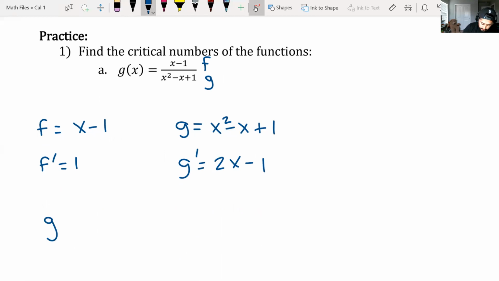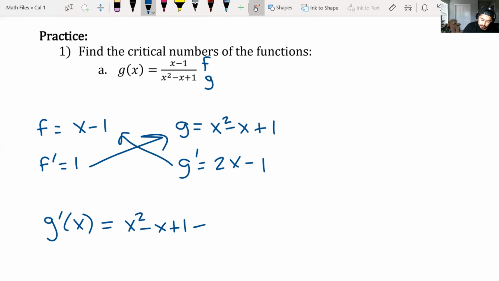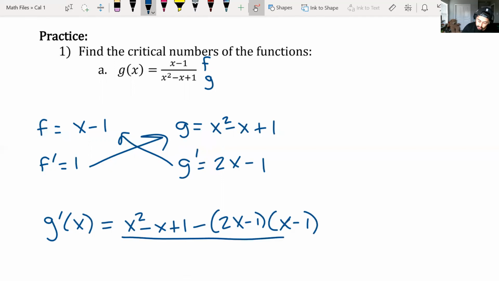I start off with f prime g, so x squared minus x plus 1, minus g prime f, 2x minus 1 times x minus 1, all over x squared minus x plus 1 squared.